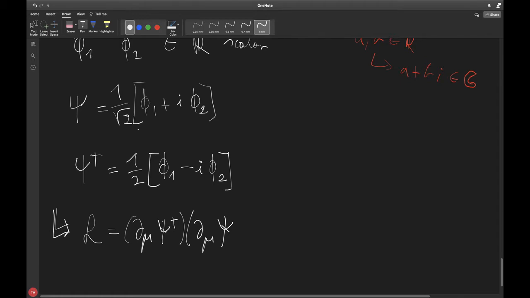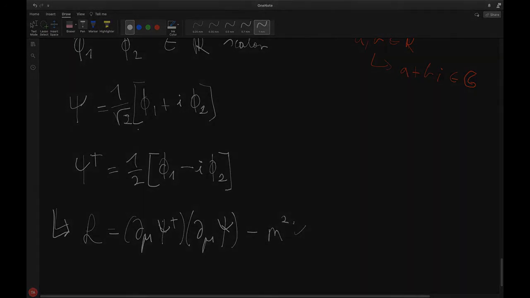In that case, phi and phi star were the same thing. The complex conjugation of a real number is the same as the original number, while this is not true for complex numbers. So we need to factor these two things now. And so we have again the mass term, and we had a phi squared here, which now is changing to psi dagger psi.